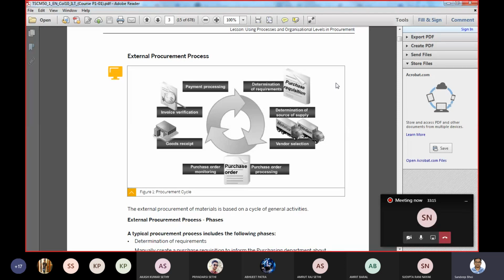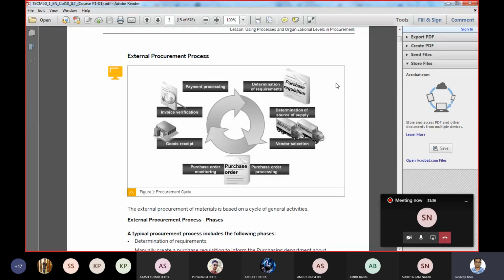Once you get to know their requirement, and you sort out what the requirement of that particular plant or company is, then based on that requirement you will do the purchasing.